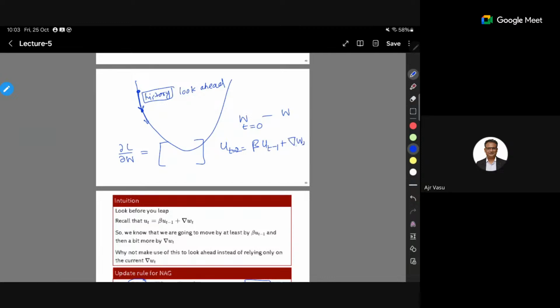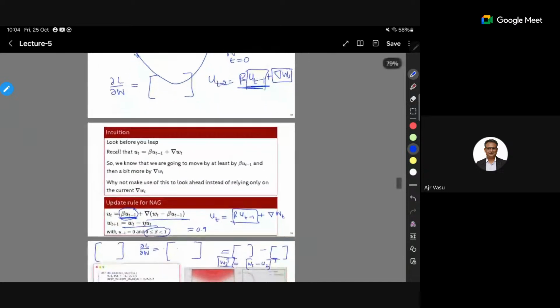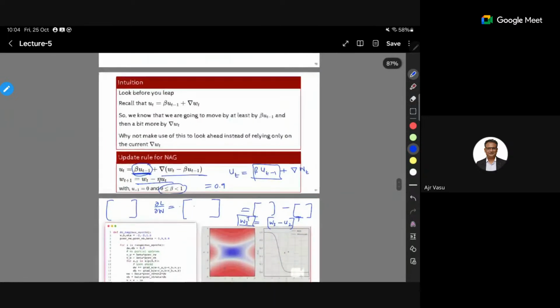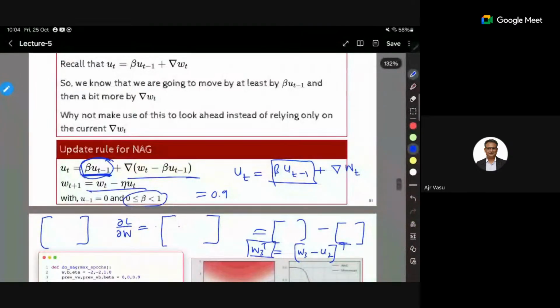So I'll compute gradients, but what is this? Which I computed previously, and this also has the same dimensions. I subtract that from W2 because I already moved by this much. That's what the negative is. So first I'll move this much.